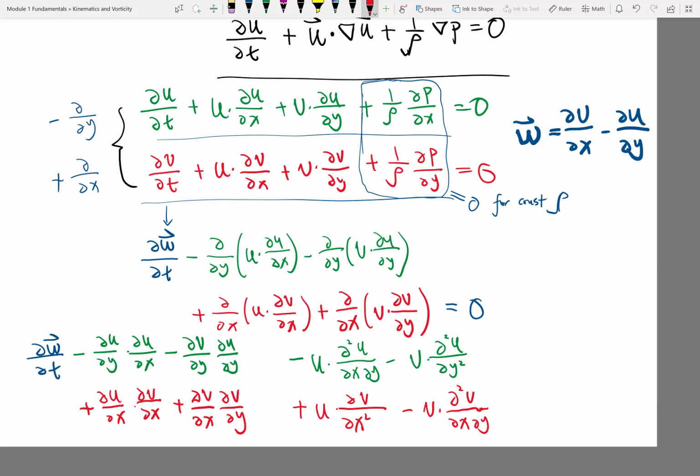What is the first column added together? We have du/dx as the common term, right?